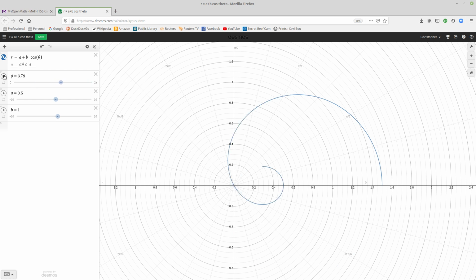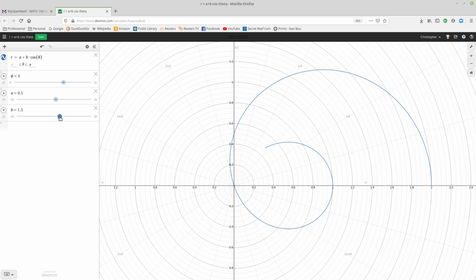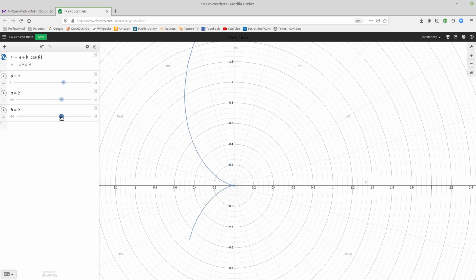Okay, now if I pause that for a moment and I change the value of B, you can see that that will likewise have a change in the shape. And what's happening here is the relative comparison of A to B is going to be what's at play. And so when you increase both A and B, you'll see a similar shape to what we saw before.